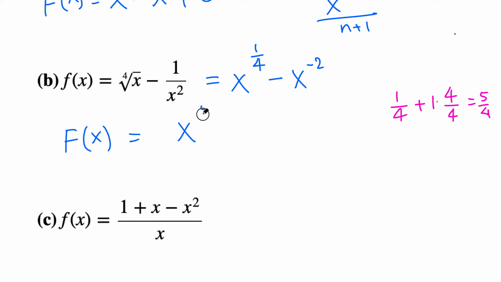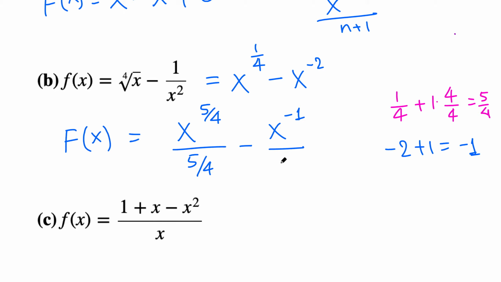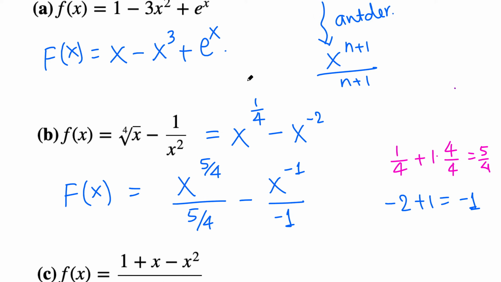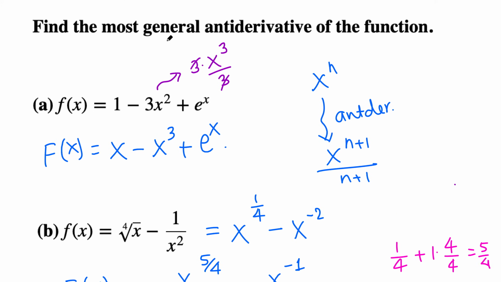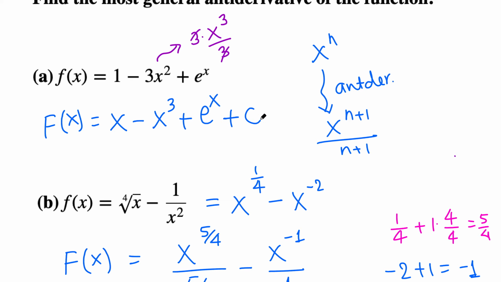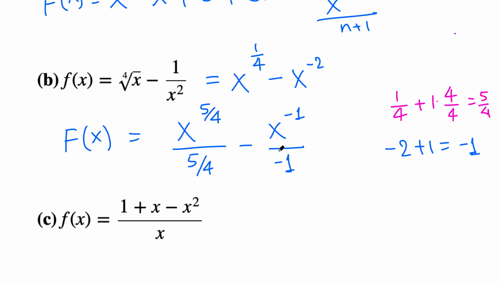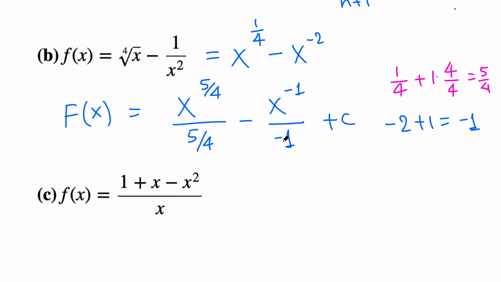So x raised to 5/4 divided by the same number, minus x raised to -2 plus 1, which is in fact -1, divided by the same thing, -1. And I forgot in the previous one, the most general means plus C. Here, plus C as well.